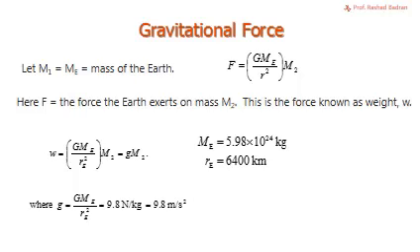If you put all these values into the relation together with G, you get an answer of 9.8 meters per second squared. That is the acceleration due to gravity near the surface of the Earth, and we usually use it in our problems.